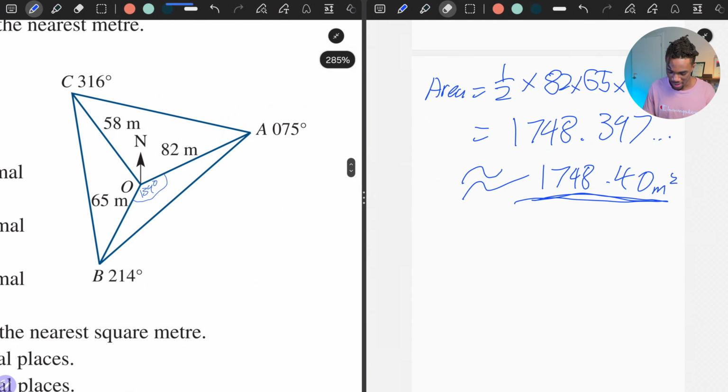What is the length of AB? Which formula do we use? If you have a look at it, it's the ice cream cone one, so we can use cosine rule.